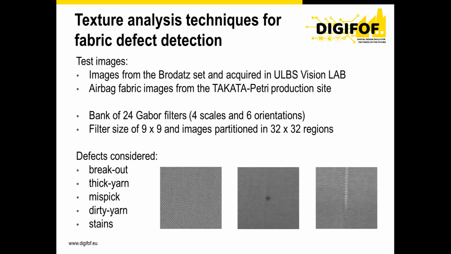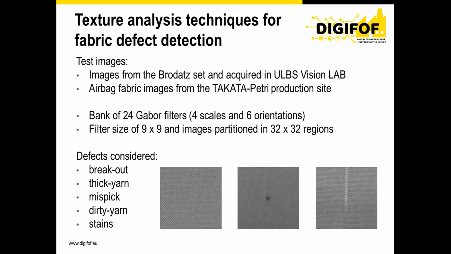But at the beginning, the products set was the benchmark that was available, and they had a lot of textures with different dimensions, orientations, and so on. So we used it even if they didn't have defects. We simulated the defects on the test set.